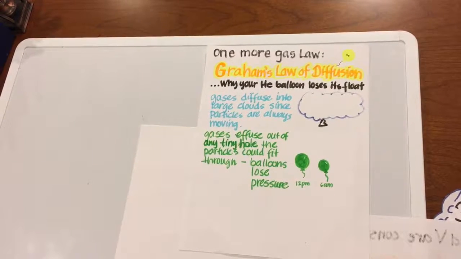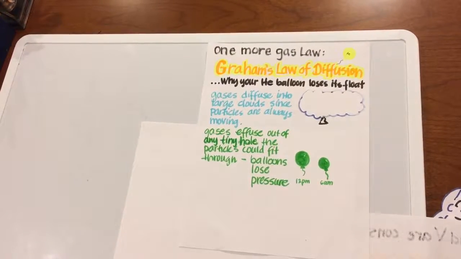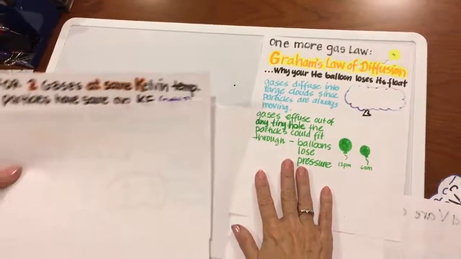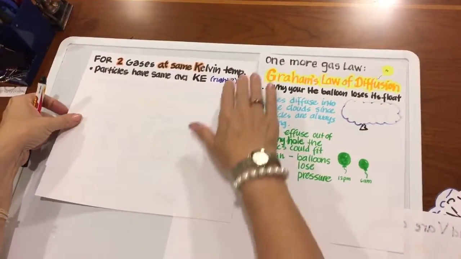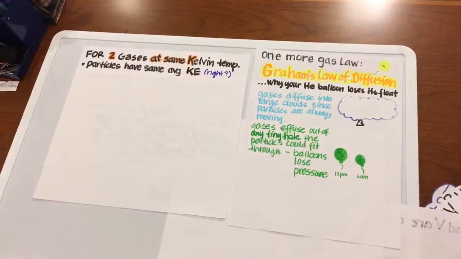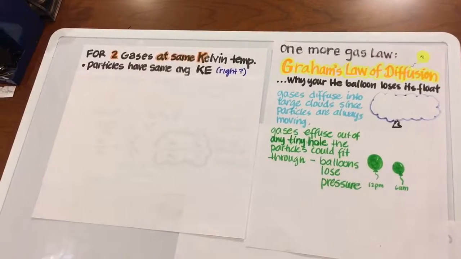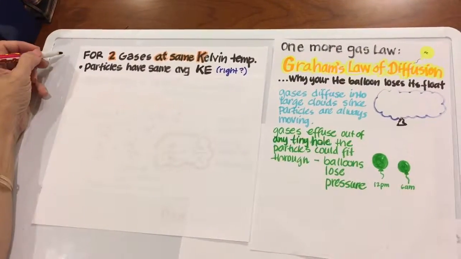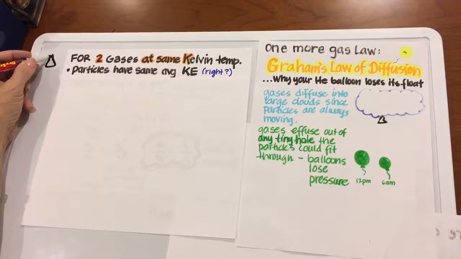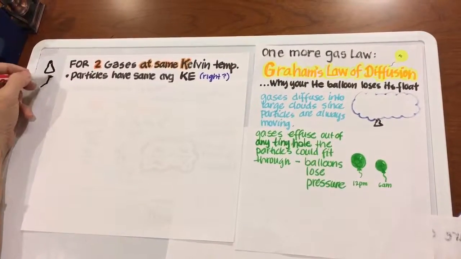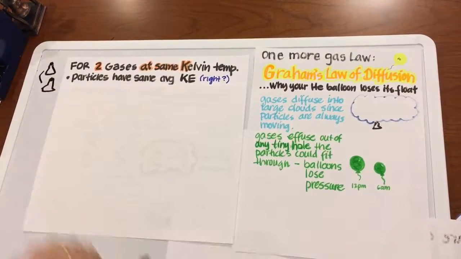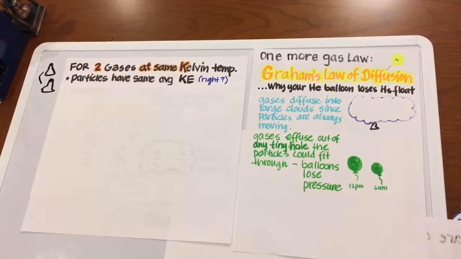So for Graham's law of diffusion, we're going to construct the way the formula works. All right, let's go through this derivation. Let's say I have two gases at the same Kelvin temperature, two samples of a gas. They're both at room temperature, or maybe they're both at standard temperature.